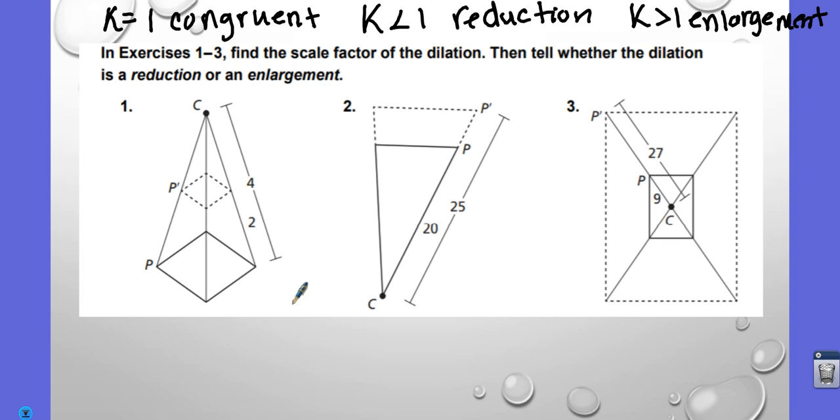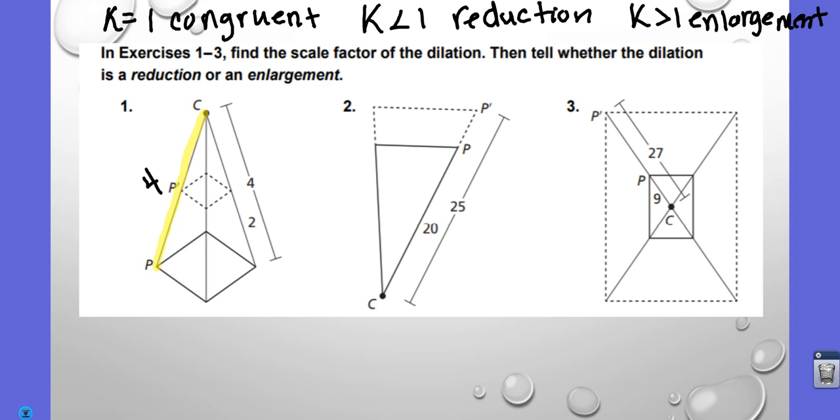Okay, so if we look at this picture here, P is the pre-image, and this whole thing here is P. So we go from P, where the length of that yellow line is 4.